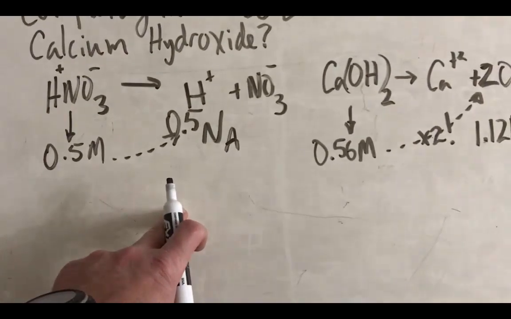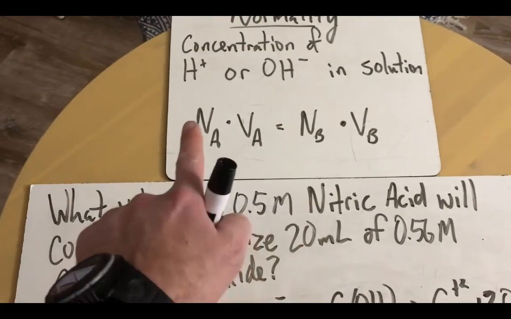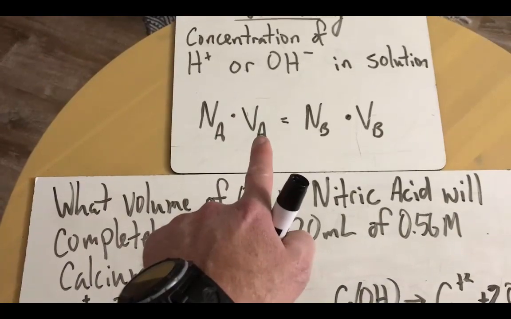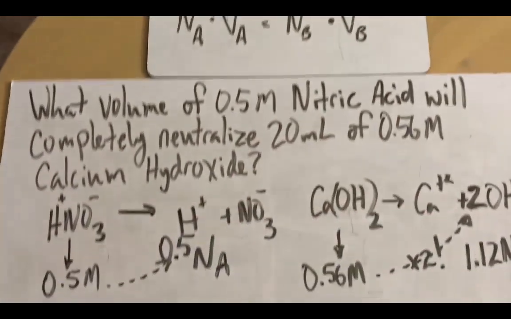Okay, so now we use our equation Na times Va, normality of the acid times the volume of the acid, is equal to normality of the base times the volume of the base.